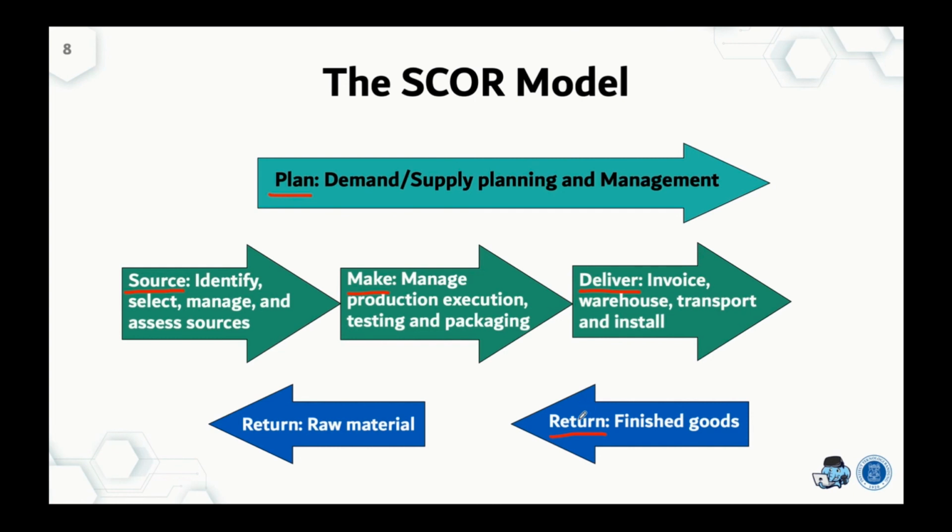And we also have to manage the return, whether it is a finished product coming from the customer to the manufacturer, or material coming from the manufacturer back to the supplier.